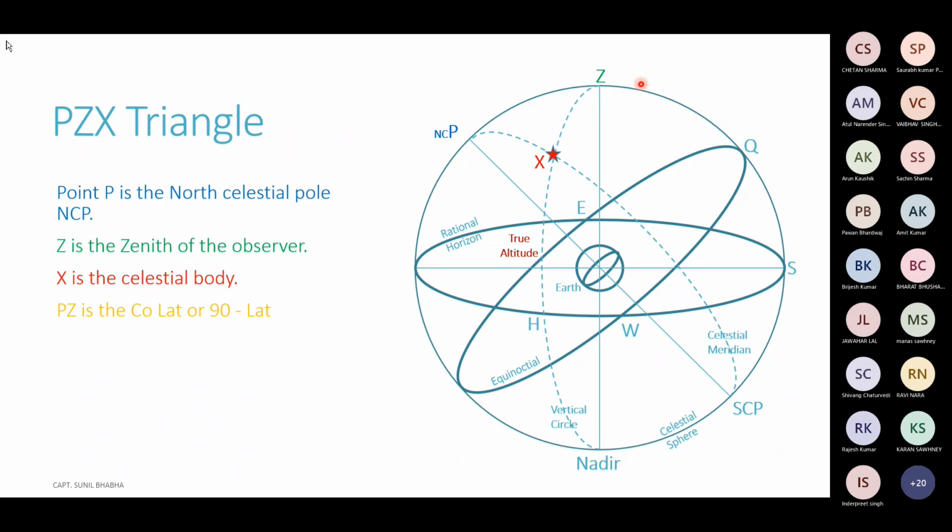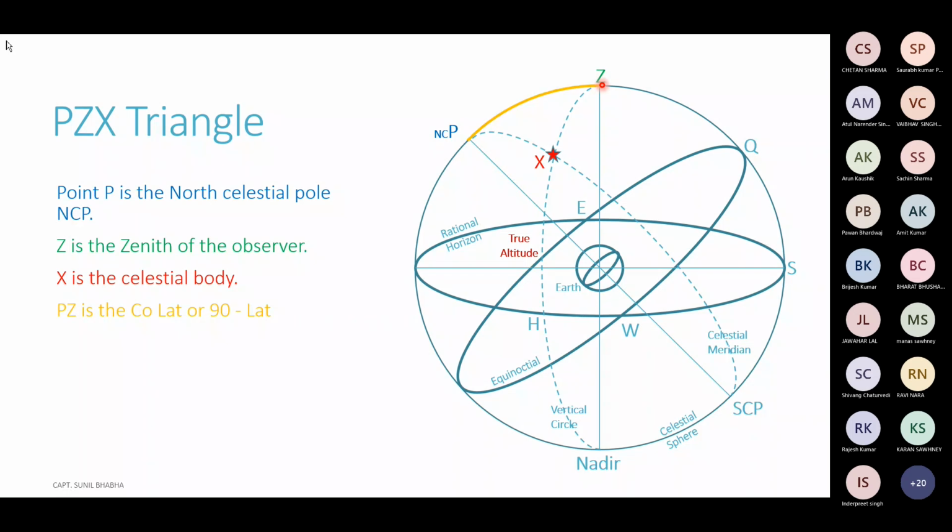So P to Q is 90 degrees. Z to Q is the latitude of the observer, and this tells us that P to Z, this side of the PZX triangle, will be 90 minus the latitude of the observer.